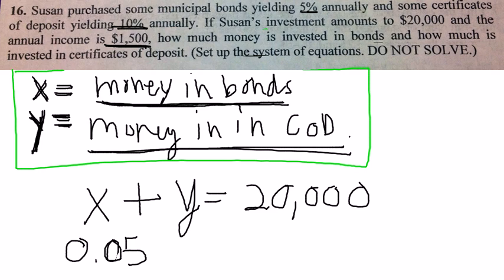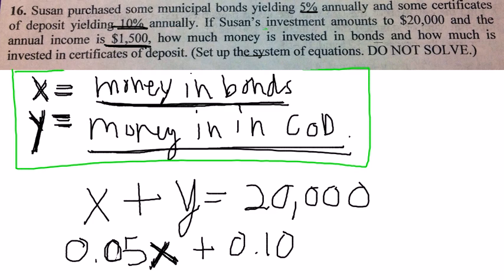Okay? Times what? If the municipal bonds yield 5% annually, so the municipal bonds, 5% of X will give you how much you make from putting the money in. So what we had was 0.05x. And then what? The certificates of deposit yields 10% annually.